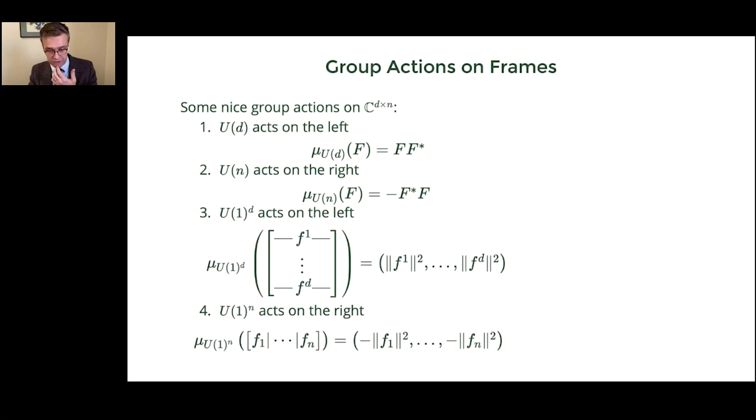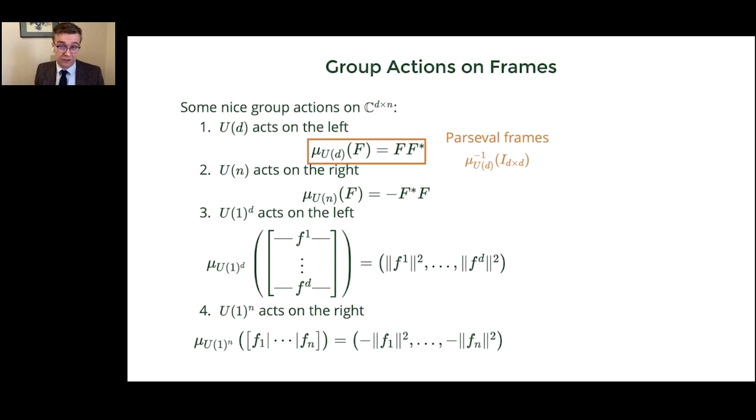We care about, maybe we want to fix the squared norms of the columns. Those appear very naturally, with minus signs, which aren't so important, in a symplectic setting. So notice that Parseval frames were exactly the d by n matrices such that FF star was the identity.